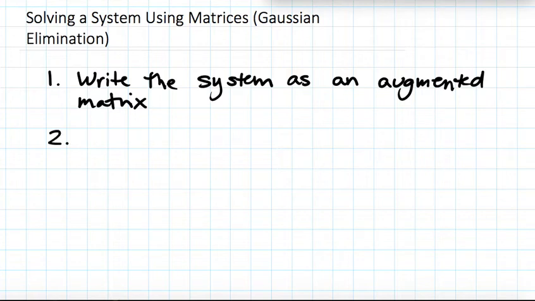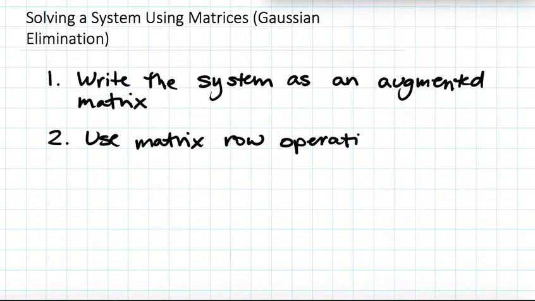Then step 2 is to use matrix row operations, which we talked about in the last video, to change the matrix into row echelon form.